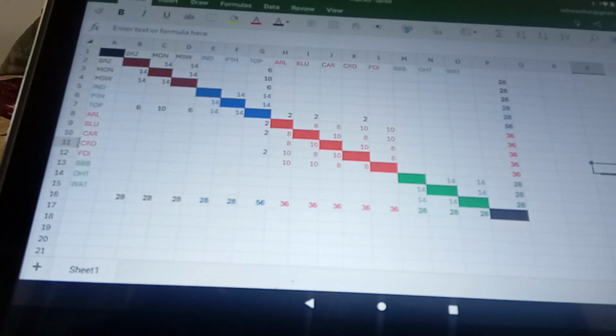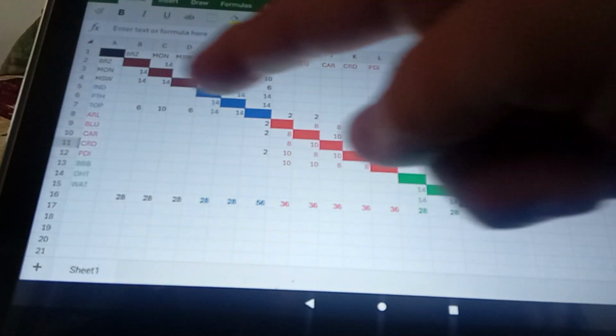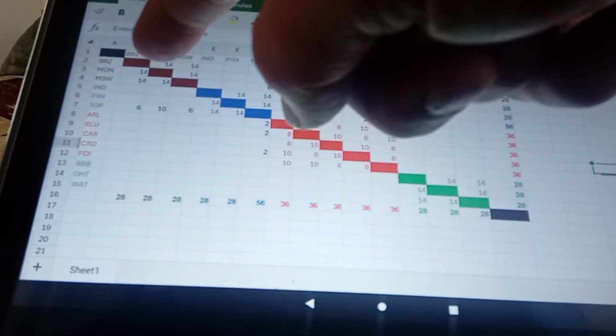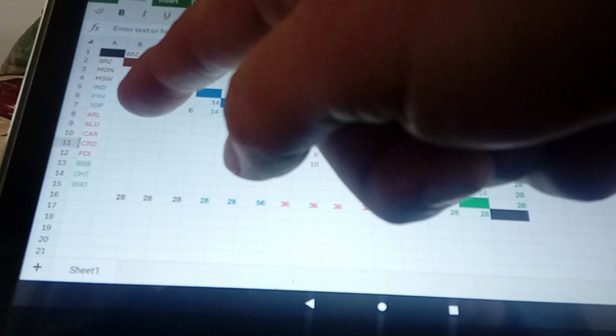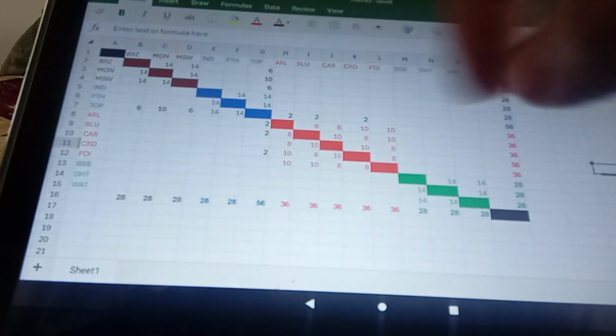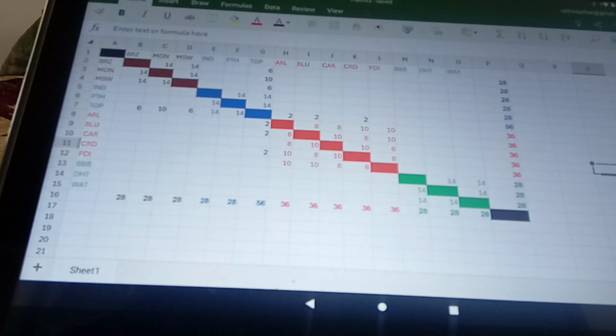Not completely possible, especially with the distance that Topeka has to travel. So we plugged in their schedule. I had them matched up against the Southwest teams right here. 6 against Baton Rouge, 10 against Monroe, 6 against Mississippi. Plus they're 14 and 14. That got them close. That got them to 50 games total.